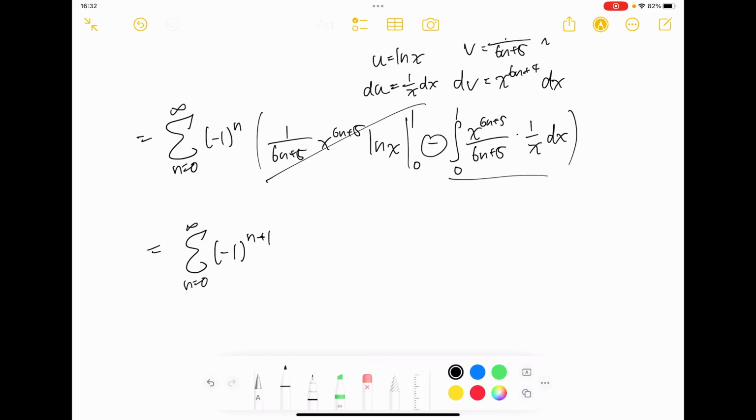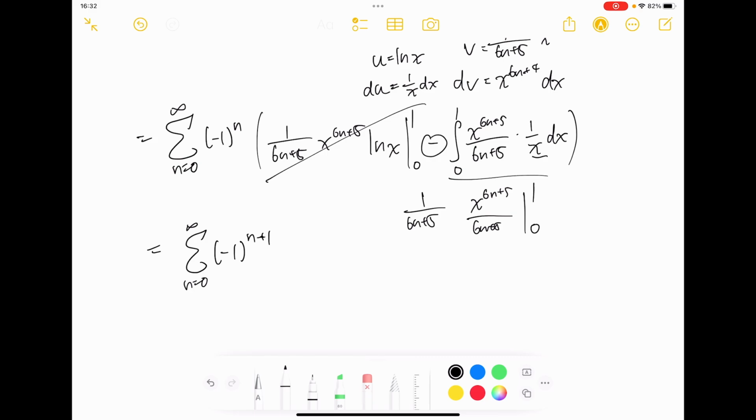Well, it's going to be the integral from 0 to 1 of x to the 6n plus 4, because we're dividing by x here. And then I'm just going to factor out the 1 over 6n plus 5. This should be quite simple using the power rule. We just get x to the 6n plus 5 divided by 6n plus 5, and then the integral goes away.